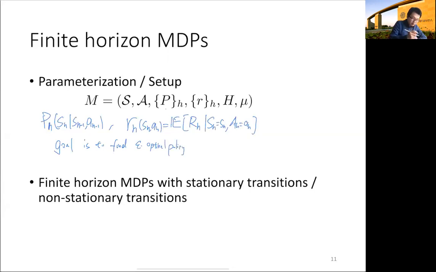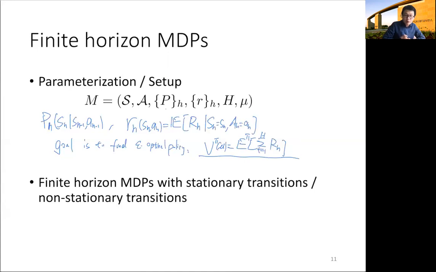The epsilon optimal policy is defined by first defining the value of a policy starting with μ to be the expected value of the summation over t from 1 to H of R_t, when everything is taken under this particular policy π, when the actions are drawn from it. So it's a pretty straightforward extension of the infinite horizon MDP, and in some sense this makes more sense, right?